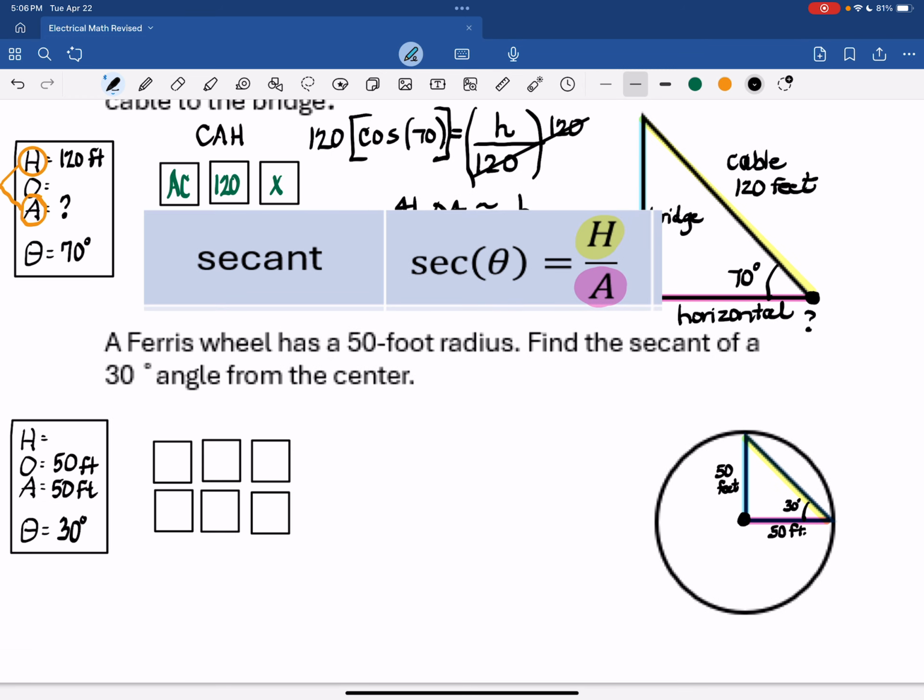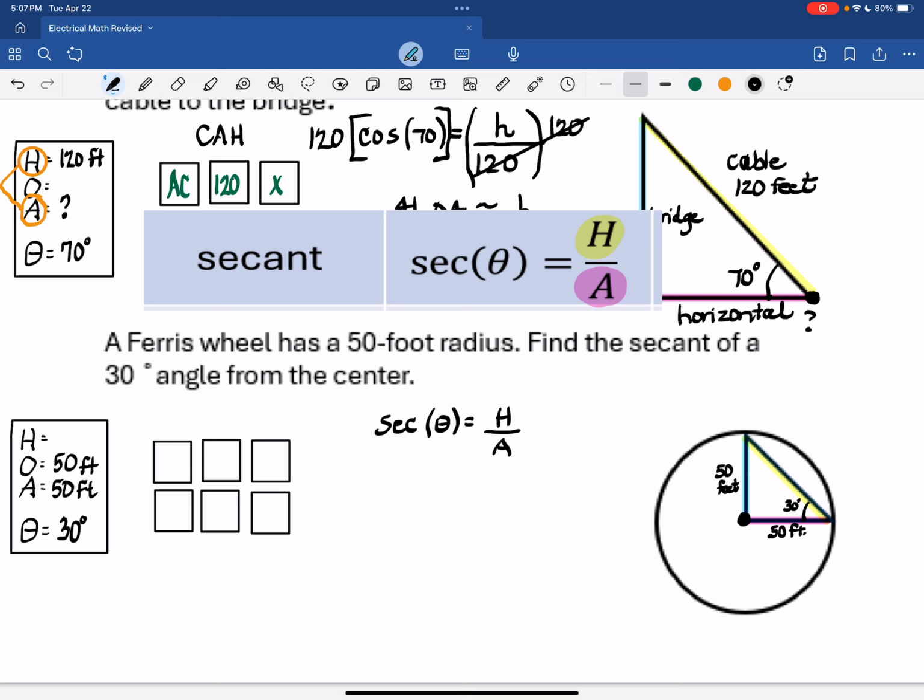But this says to find the secant of a 30-degree angle from the center. So we need this formula that I copied and pasted from page 6 that tells me that secant of theta is defined as hypotenuse over adjacent. Okay, so we could use that one.